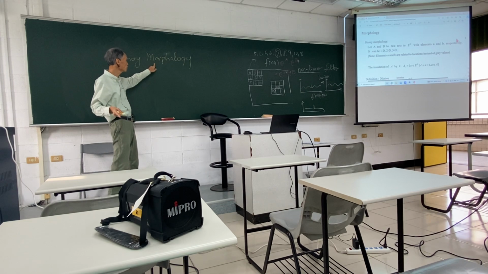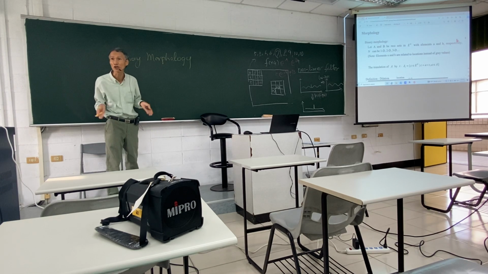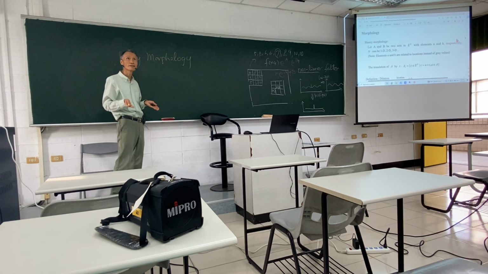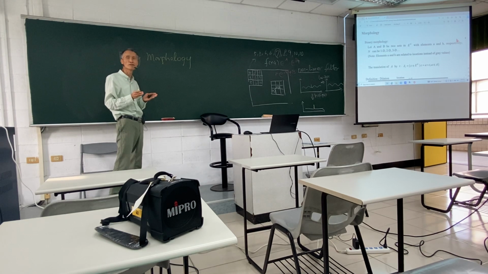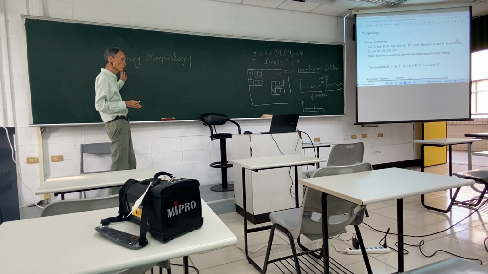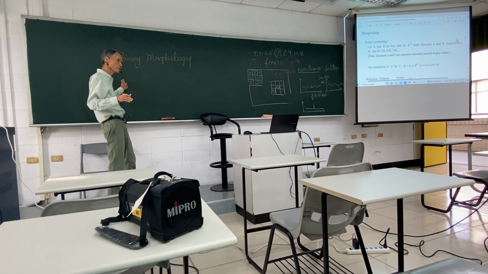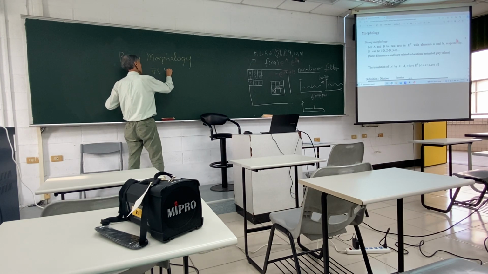We're talking about binary morphology. Later on, we will expand it to grayscale morphology. Some people further extend it to color morphology, but we don't have too much time. I will talk about binary morphology and gray level morphology. 这个 in Chinese 他们叫形态学.